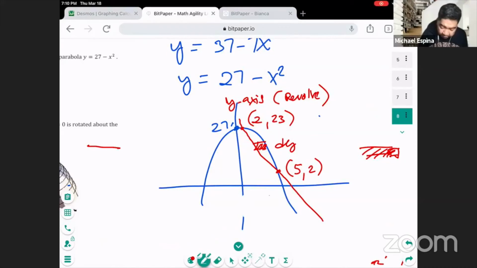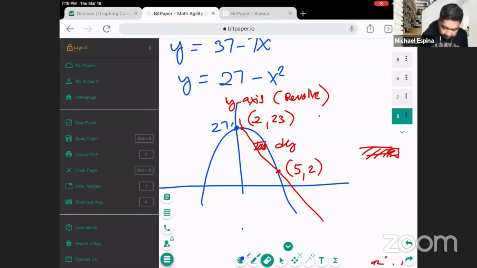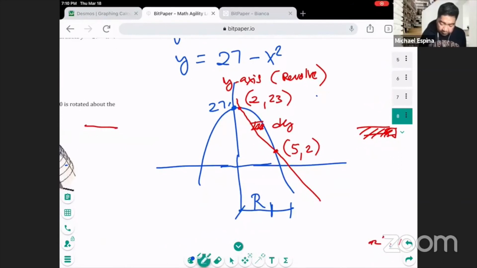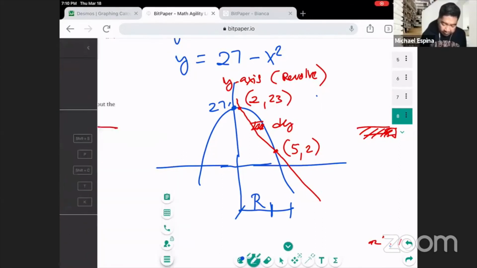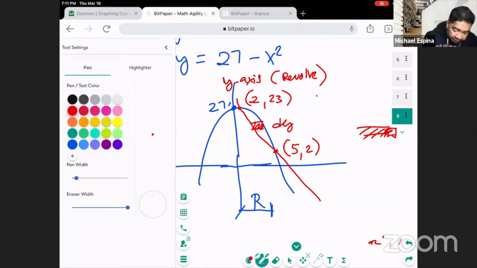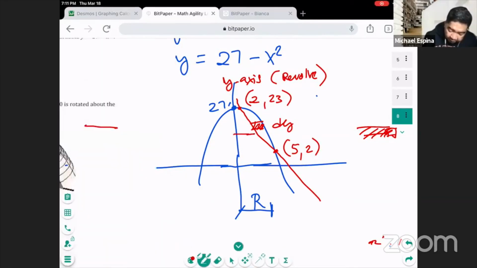The blue part, the distance from the parabola to the axis of revolution, would be the bigger R. And for the red part, which is the line, that would be your smaller r, the radius from here up to here.